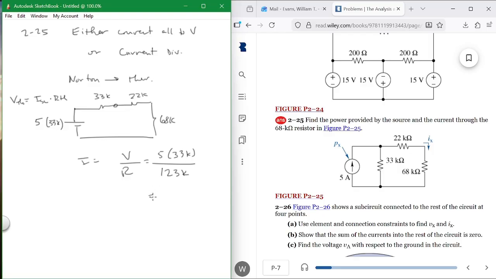It's 5 times 33 divided by 123, or 1.341 amps. Everybody get that? Any questions so far? So that's the current through that 68K resistor.